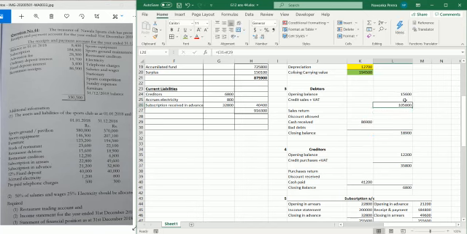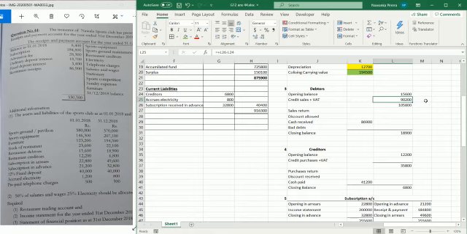Then you can easily calculate the figure here. You have to add this one and deduct this one, and it gives you 90,200. And this is considered as the total sales of the restaurant during the year 2018.